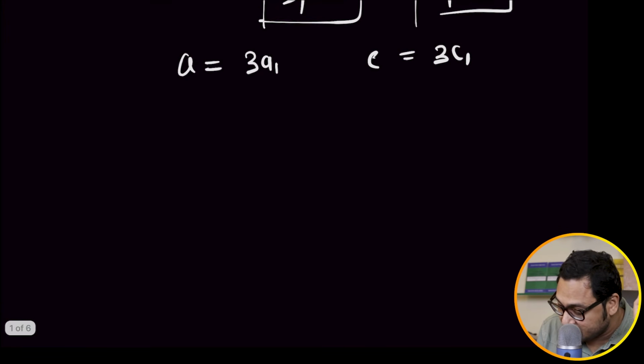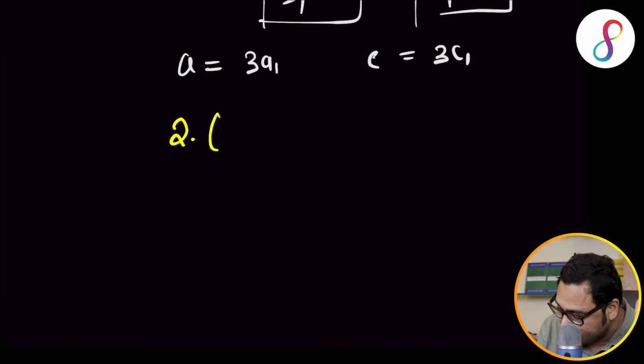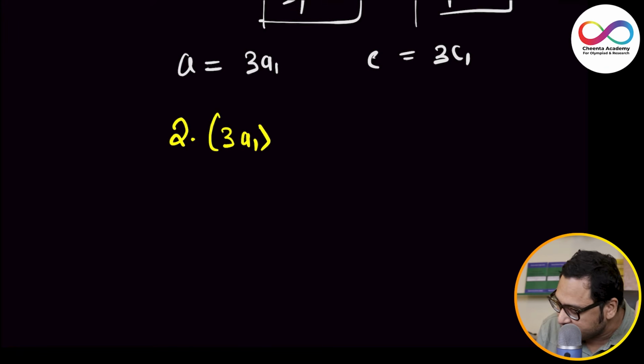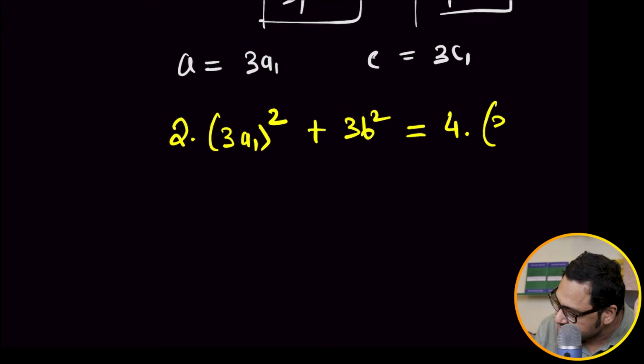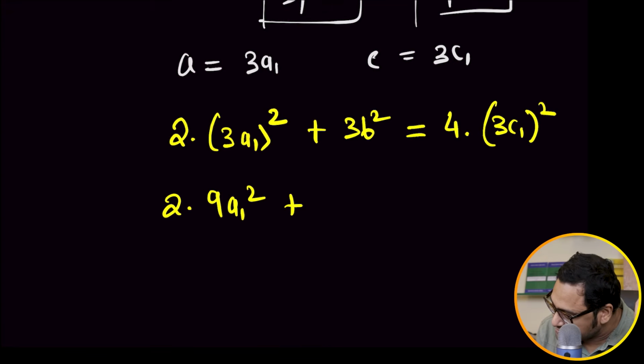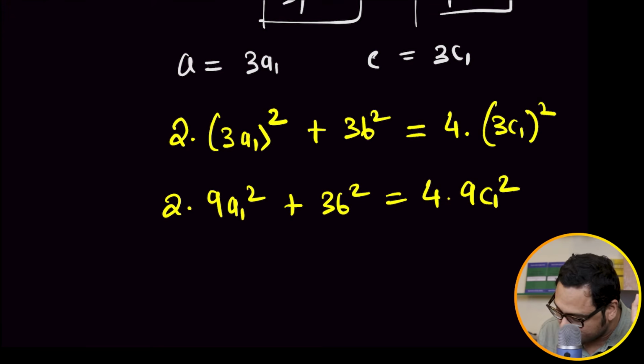Okay, now let's write the equation one more time. 2a square is 2 times 3a1 square plus 3b square equals 4 times 3c1 whole square. Okay, so 2 times 9a1 square plus 3b square equals 4 times 9c1 square.